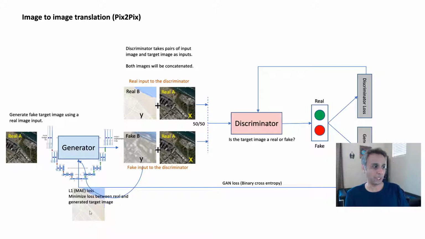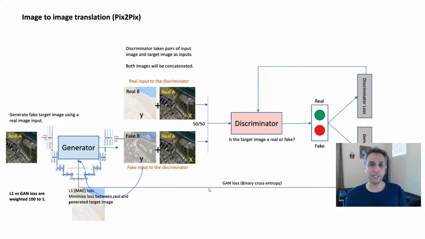This also gets added as a loss to the generator. And it's not just one-to-one adding: L1 has 100 times more weight than the GAN loss. I talked about this in the last video, where the paper mentioned that they tested various scenarios and proposed this.